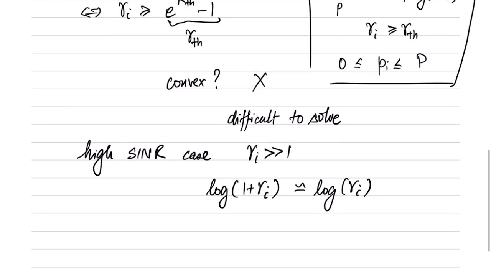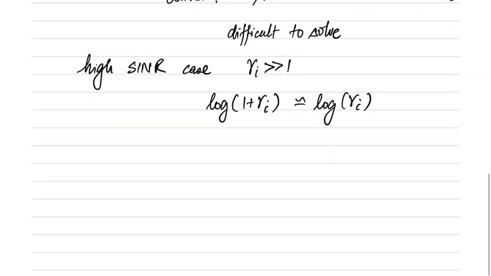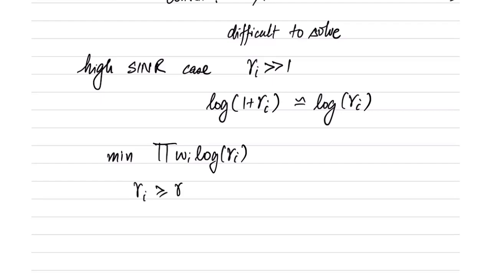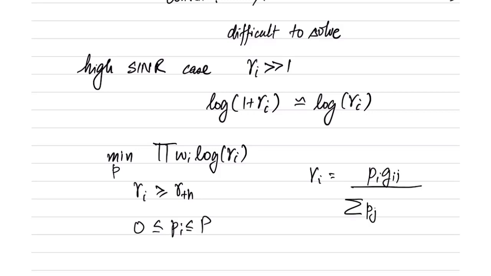So in that case, the problem can be written as minimize product of Wi log gamma i subject to gamma i greater than or equal to gamma threshold, and 0 is less than or equal to P. And here gamma i, if you remember, was Pi times Gii divided by the sum over j not equal to i of Pj Gij plus Ni. Right, so this was gamma i.